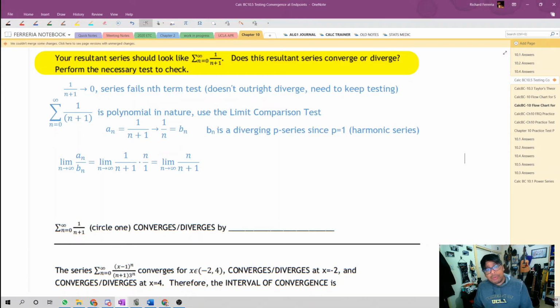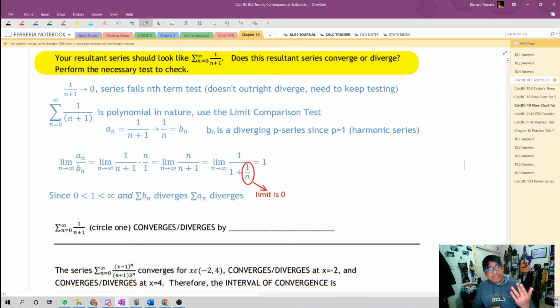Then we're going to divide everything by the highest power, which is n to the first power. After we've divided everything by n, we notice that the only place we have an n now is 1 over n. And the limit for 1 over n is 0. So what we're left with is 1 over 1, and that limit is just 1.